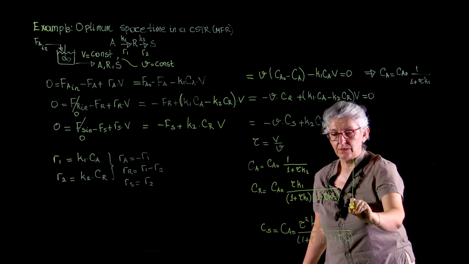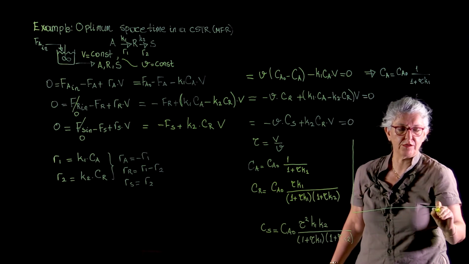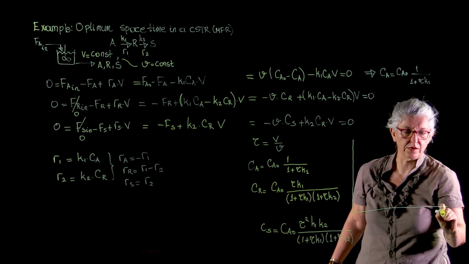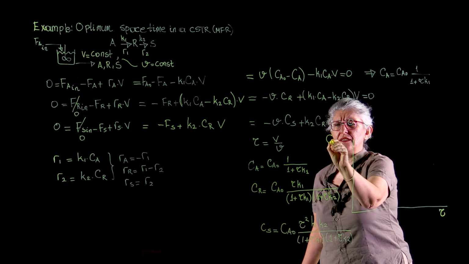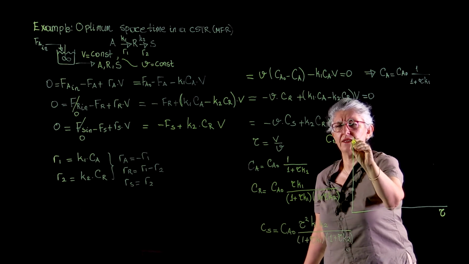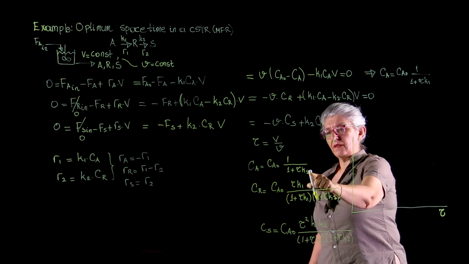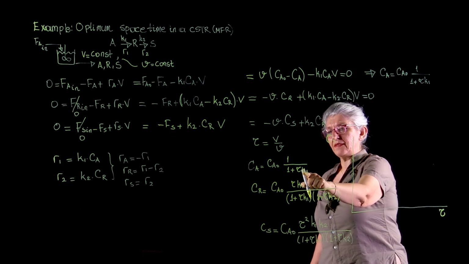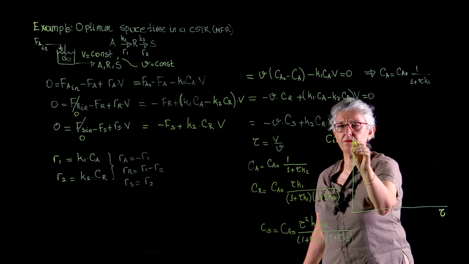from a graphical perspective, where we are going to plot the concentrations of species i as a function of space-time. You see, when space-time is equal to 0, Ca is equal to Ca0.